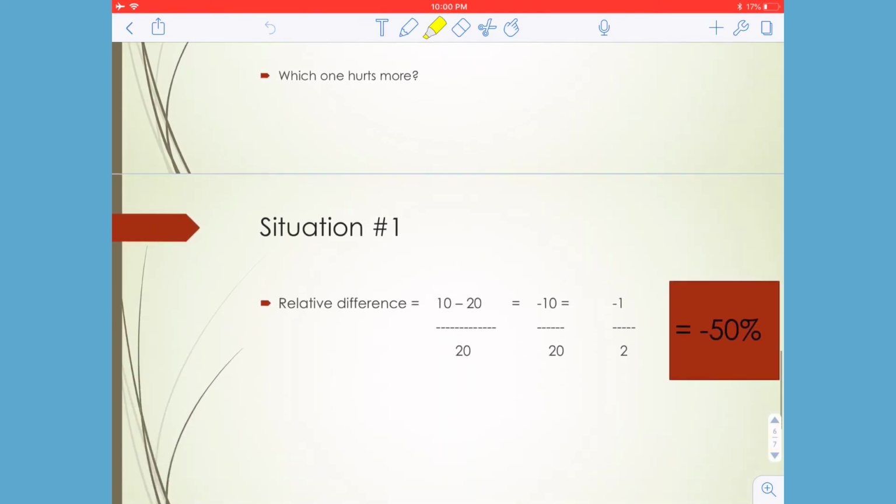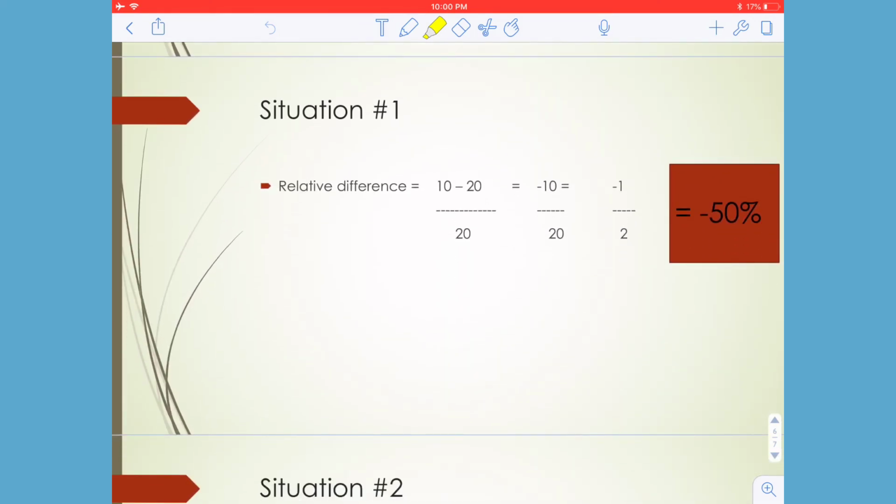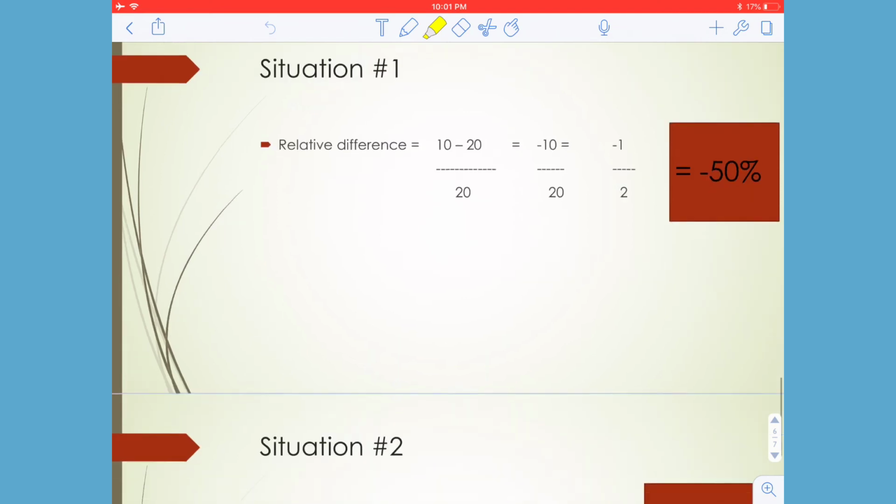But let's actually do the relative difference. If I do my new value minus the original value over my original value, I end up getting negative 10 over 20, which reduces to negative 1 over 2, which is actually equal to negative 50%.